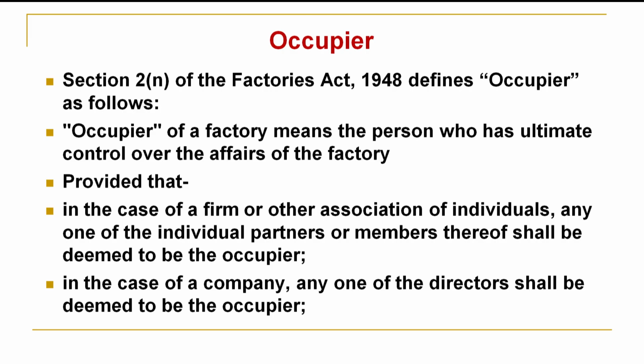In case of a small firm, an association of individuals can also act as the occupier. In a group of companies, if there are different partners or members in the factory, one of the partners or members should act as the occupier. In case of a company, one of the directors shall be deemed to be the occupier.